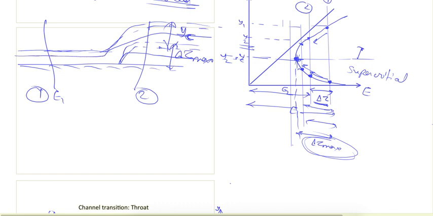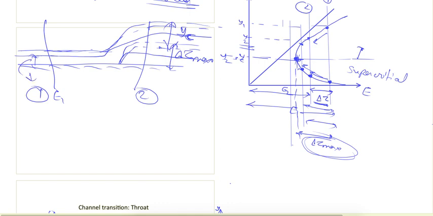In the subcritical flow, what was happening? In subcritical flow, upstream depth was increasing to increase the specific energy. But as we are in the supercritical zone, to increase the specific energy, depth of flow will decrease.